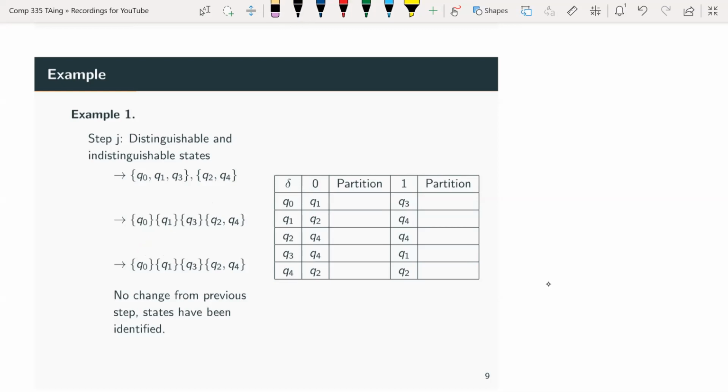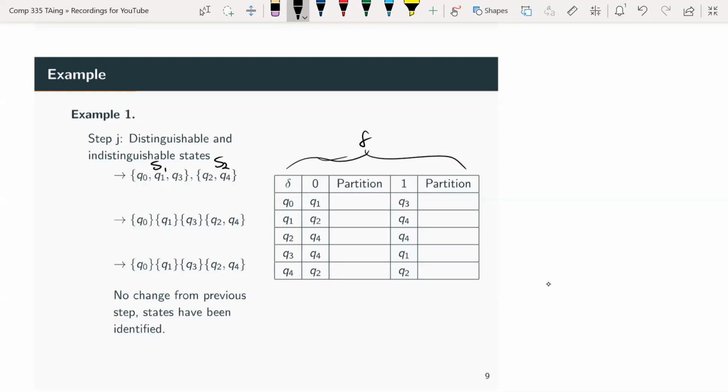So that's the idea. Now let me actually run you through the computation. I have this transition function delta that I've made into a table, because I find it easier with a tabular view. We start with our two partitions, S1 and S2.